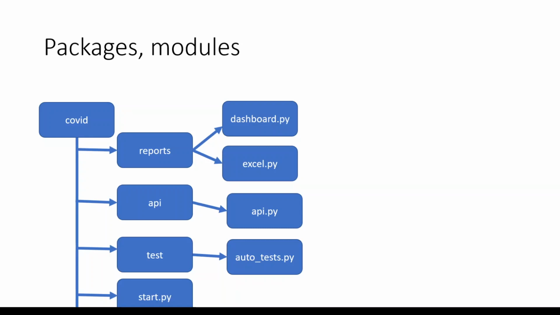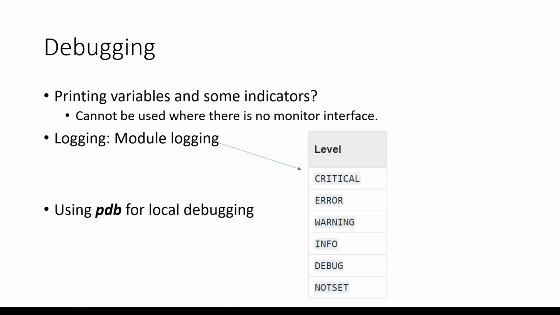But if you are using multiple packages, tens of packages, and if you are using a certain framework, and if your process is multi-process software, and there are a lot of variations in software, then you might get into some problems. Then it's easy to solve the problems if you understand this. So that is about packages and modules and debugging.